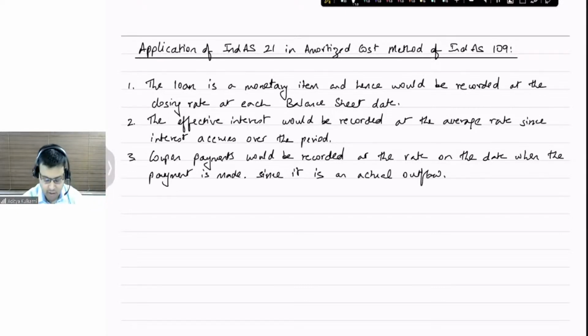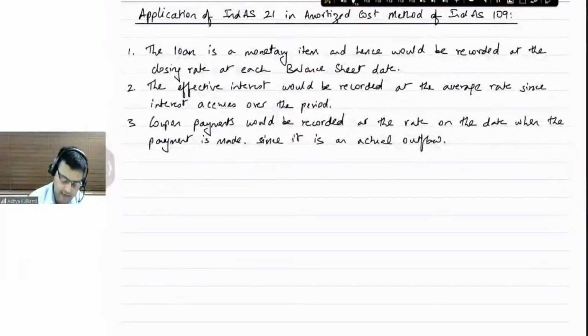The money actually goes from the bank. So that is why we record the coupon payments at the rate on the date when the payment is made.